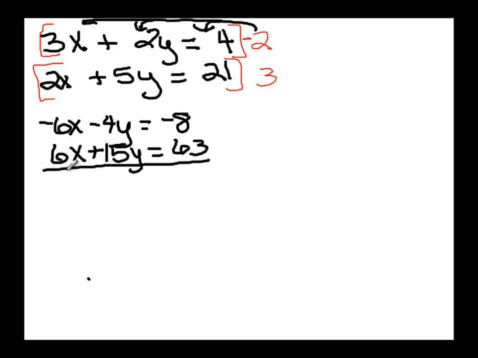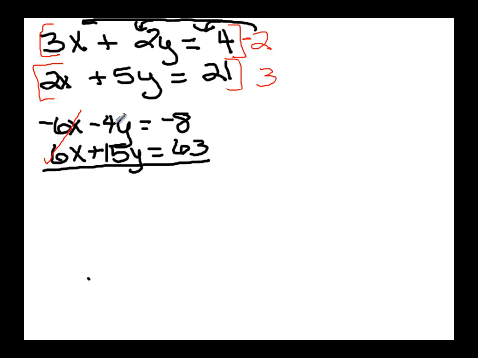Now, as we look at this, we're going to see that we now have those 6's, and they're going to eliminate. We can cross out the negative 6 and the positive 6, and that will give me nothing.